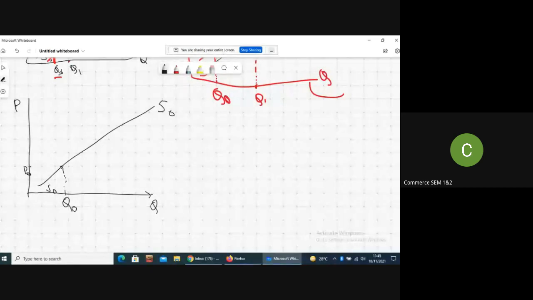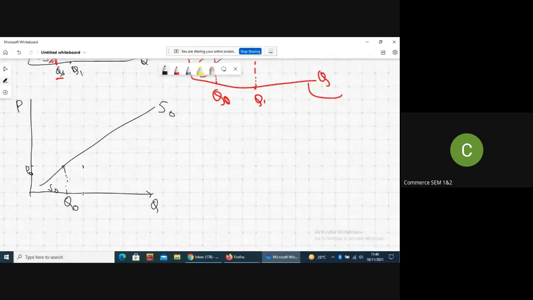If the market price of rice is P0, then at this price the production of rice would have been somewhere higher, this amount, call it Q1. So this will be a point on our new supply curve of rice.